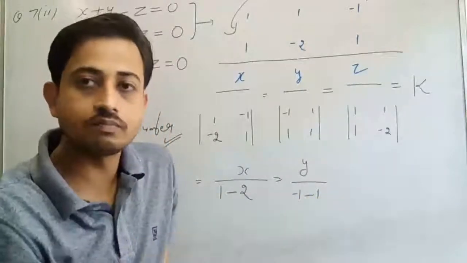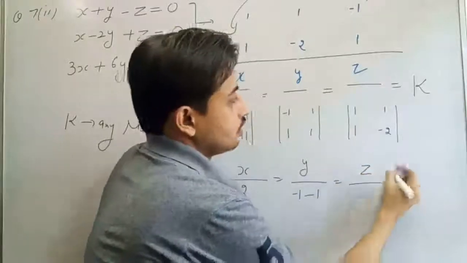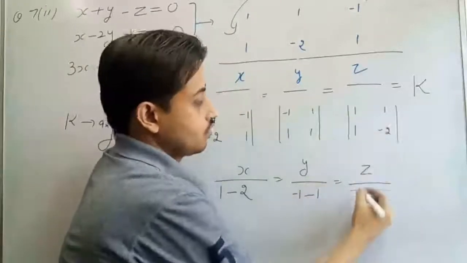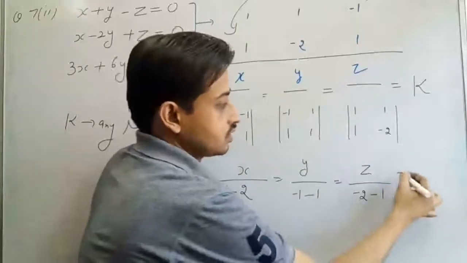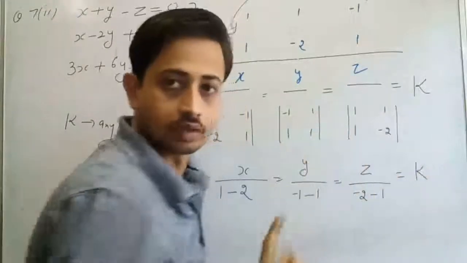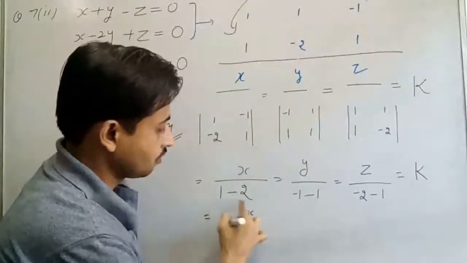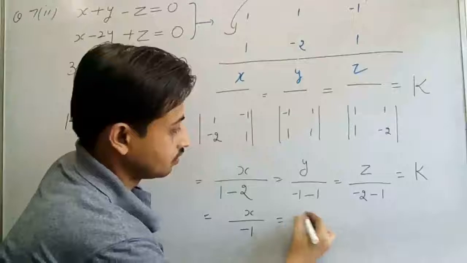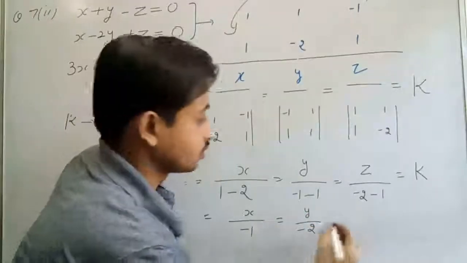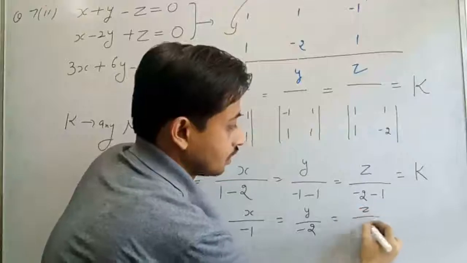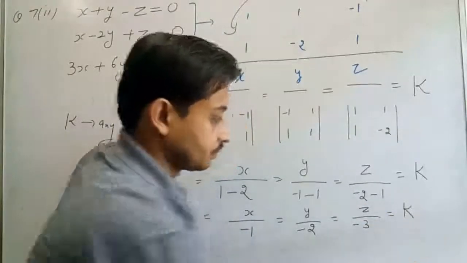I am simply solving a determinant. Z is equal to minus 2 into 1, minus 2, minus 1 into 1, 1, which is equal to, okay, now solve this. X is 1, minus 2, minus 1, y is minus 1, minus 2, minus 2, z is minus 2, minus 1, minus 3, which is equal to k.